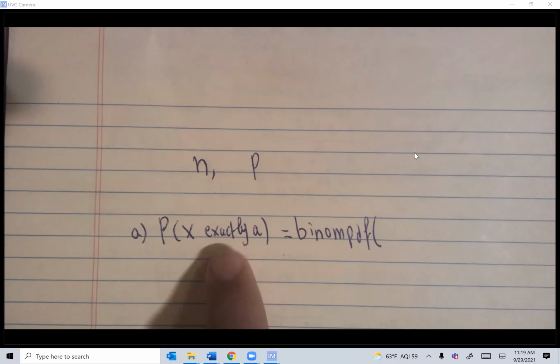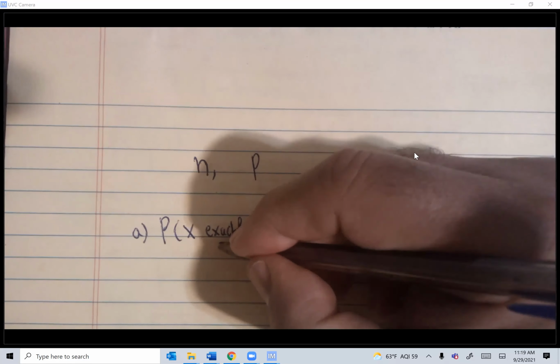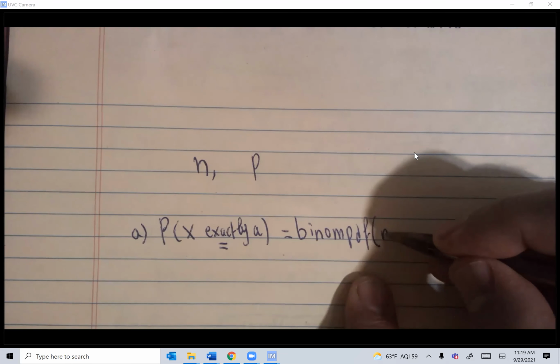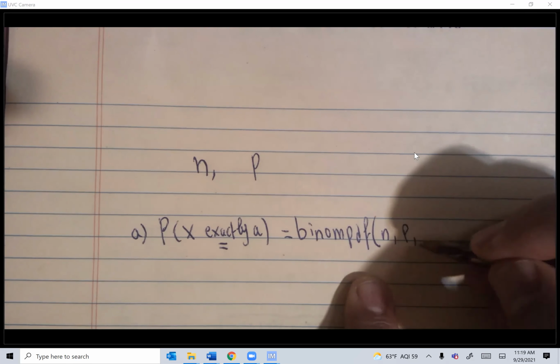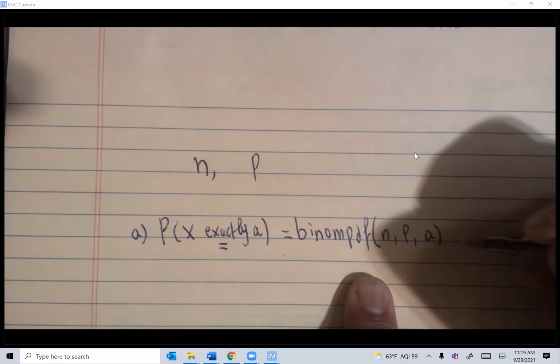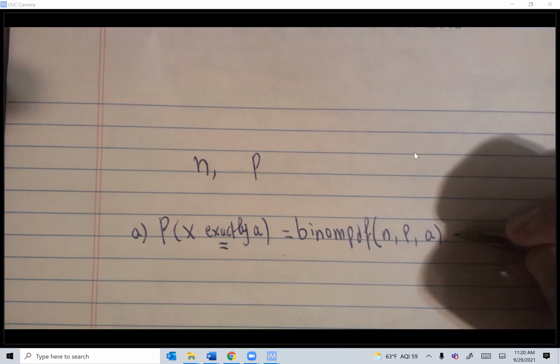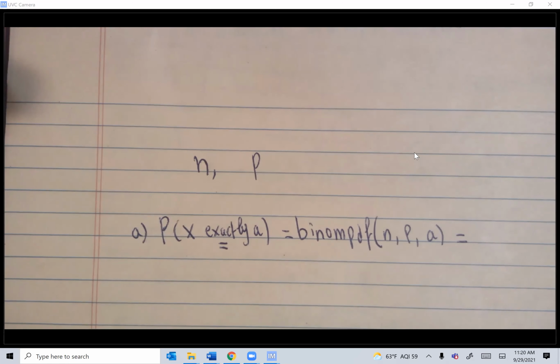So for exactly, just put the equal sign, and then you put binomial PDF, you put the value of n, you put the value of p, and you put a, and that's how you answer exactly. And then whatever answer you get off the calculator, you just put it there. If it says round to 3 decimal places, you round to 3 decimal places. 4 decimal places, you round to 4 decimal places.